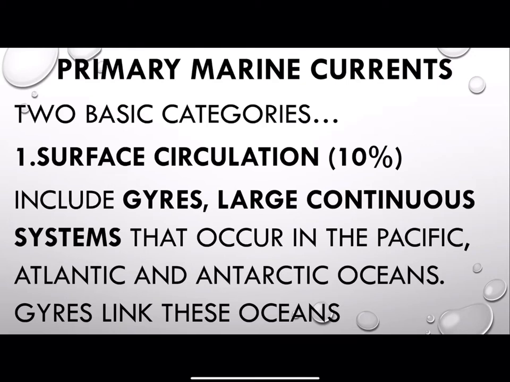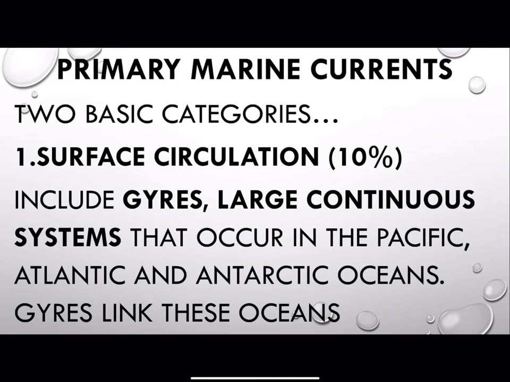Gyres are large continuous systems that occur in the Pacific, Atlantic, and Antarctic Oceans. These large continuous movements are currents, and at least in these three oceans, they are linked by these large continuous systems.